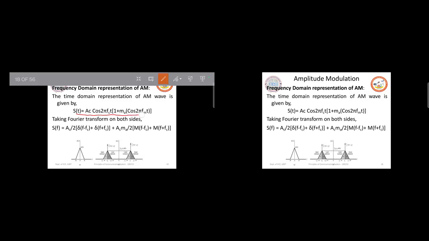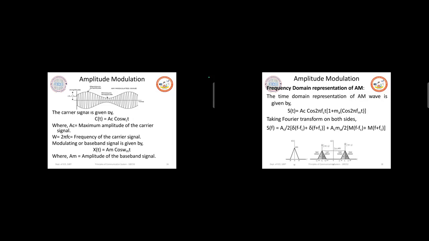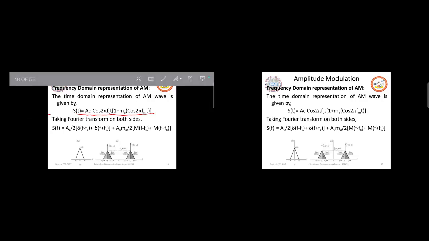So if you see this equation and if you expand it, this is the equation you basically get, where S of t is equal to AC into cos of omega ct plus mu AC by 2 into cos of 2 pi fc plus 2 pi fm into t.